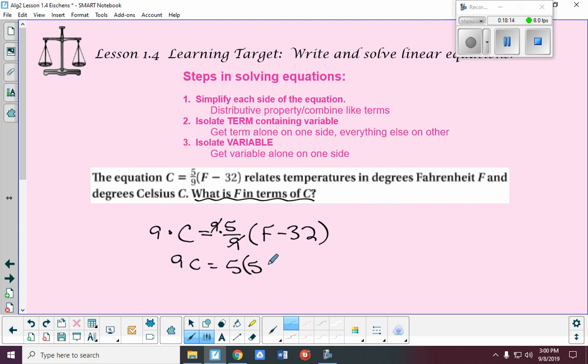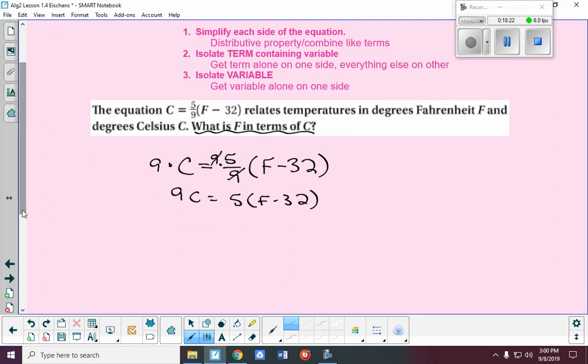5F, oopsies, let me fix that. 5 times F minus 32. So we'll distribute. Let's see. 5 times 32, 160, I think. All right, now let's add 160 to both sides.